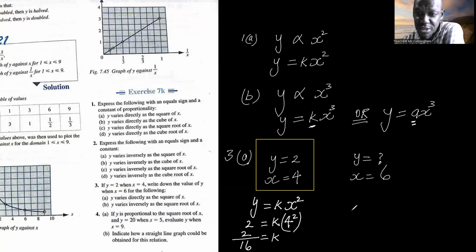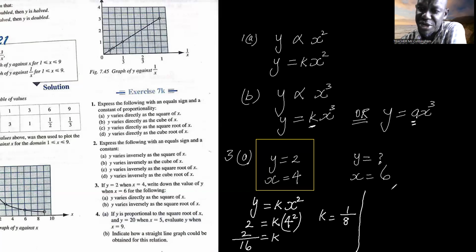So k is equal to 2 over 16, so that's 1/8. Everybody agree with that? Yes, sir. So we know what k is.